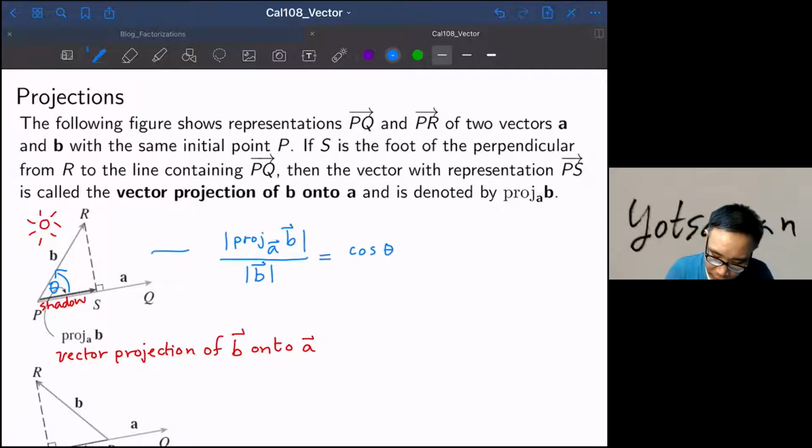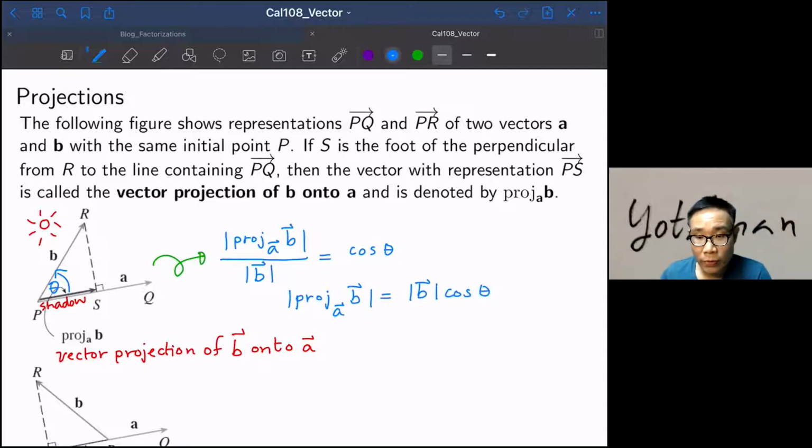From this picture, you can conclude that the norm of the projection is equal to norm B cosine theta. So it's going to be norm B cosine theta.